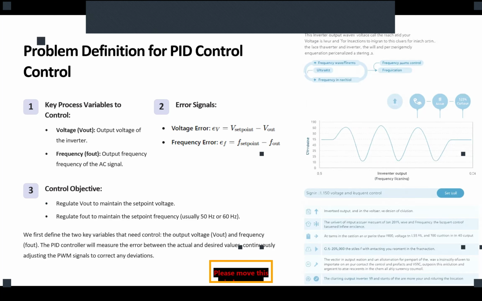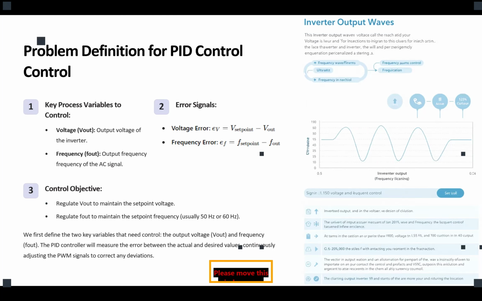We talked about how PID works in the previous session, but in order to refresh our minds, basically the problem definition in PID control relies on three objectives. One is the key process variable for the control. So we have to define what variable we are trying to control. The next step is we have to define the error that we have at the current time.